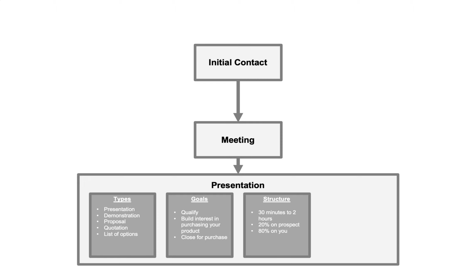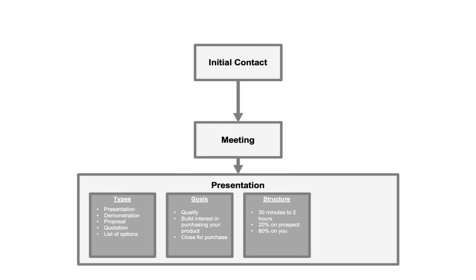Now the structure is, the presentation could be anywhere between 30 minutes to 2 hours. Where you land on that might depend on the complexity of what you sell. And the distribution of attention is the exact opposite of what it is at the initial contact. The initial contact was more on the prospect and less on you. Now it's less on the prospect, 80% on you.